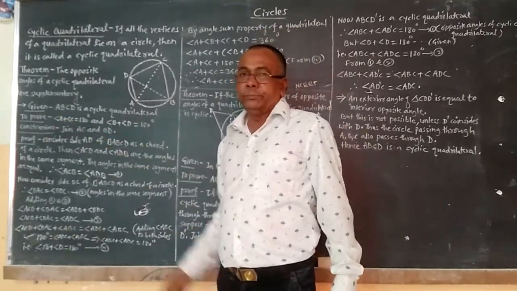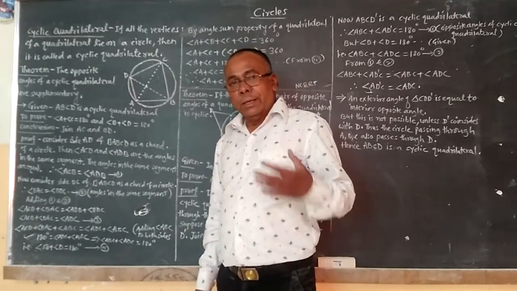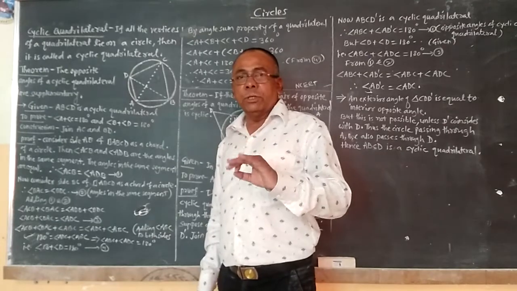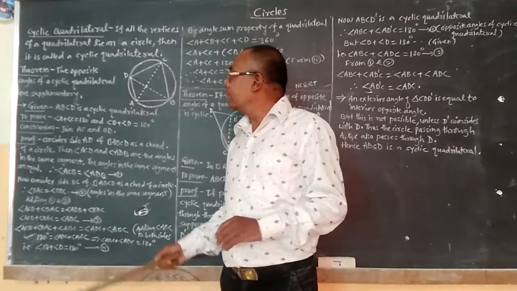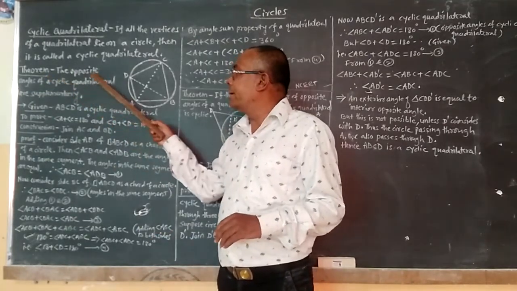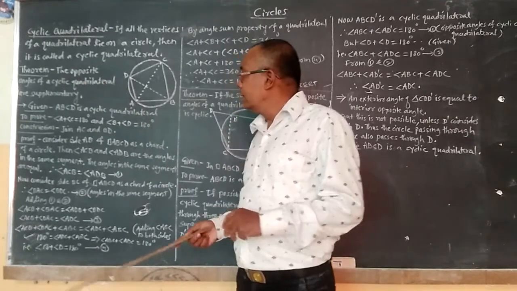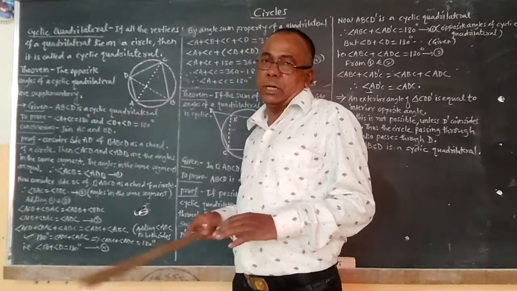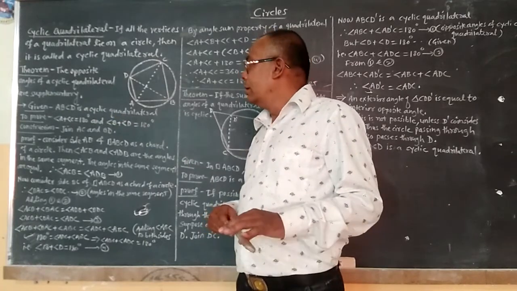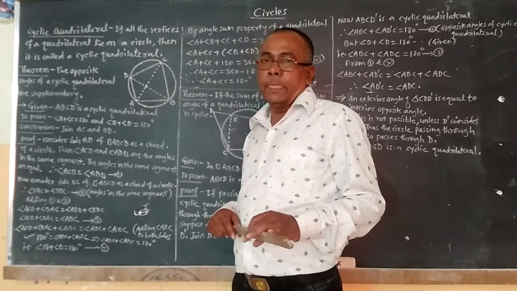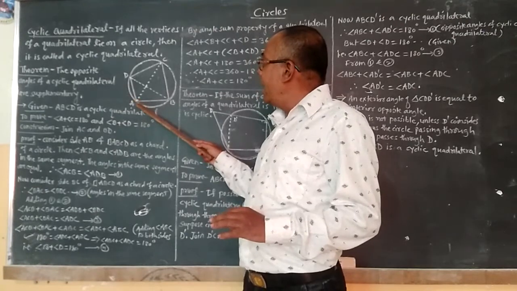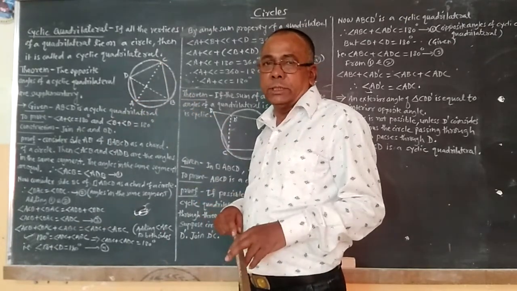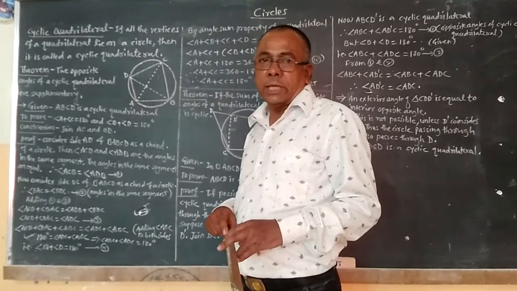Now, given: we have to write the information of the figure according to the given statement. Here given is that ABCD is a cyclic quadrilateral. To prove angle A plus angle C is equal to 180 degrees, that is, they are opposite angles of the cyclic quadrilateral.